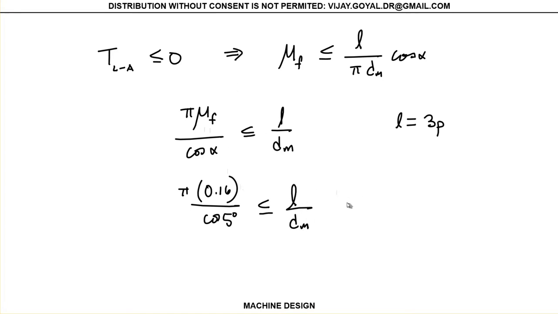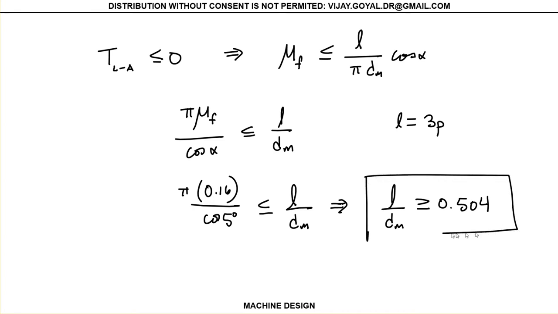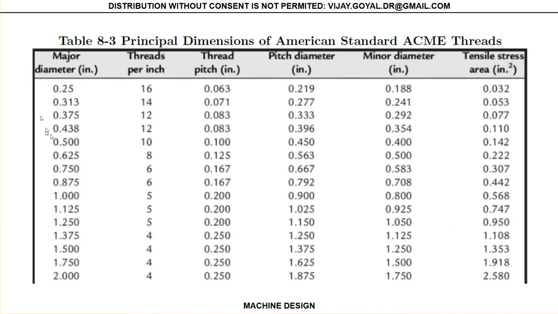Okay, so from here, we find that L over dm has to be bigger or equal than 0.4245. So this is the condition that I need to satisfy in this problem to make sure that it will overhaul.